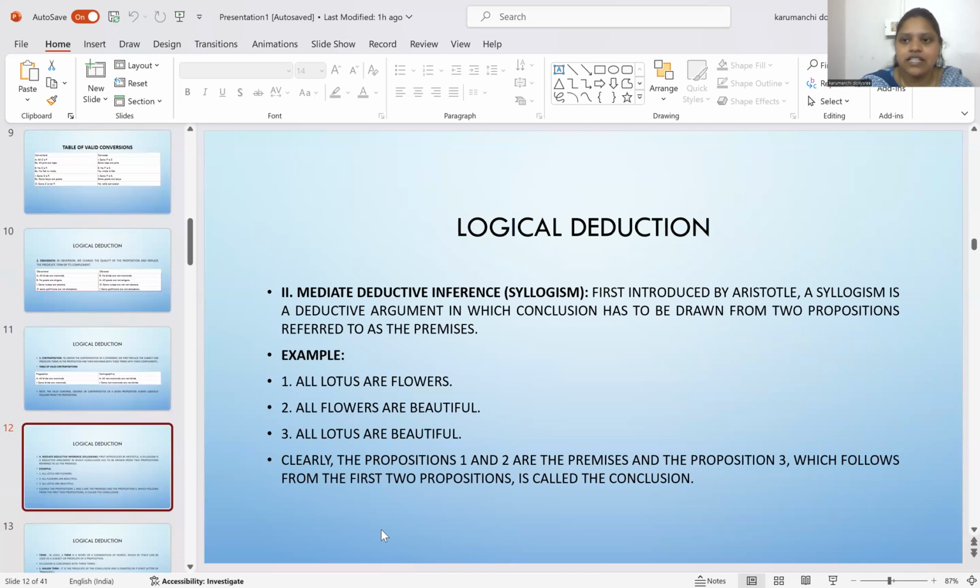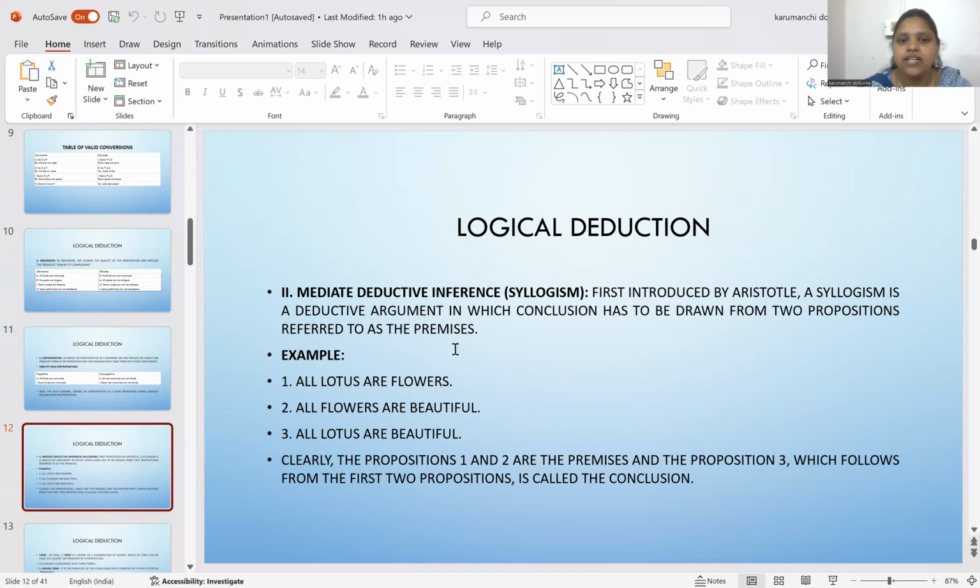It was first introduced by Aristotle. A syllogism is a deductive argument in which a conclusion has to be drawn from two propositions referred to as premises. So here if we see both the statements, these are called two propositions or premises. The first one is all lotus are flowers and all flowers are beautiful.